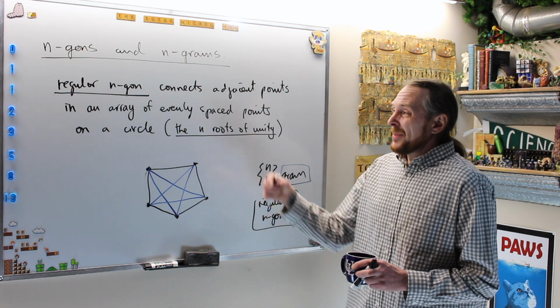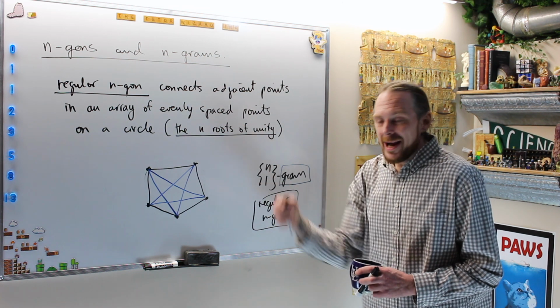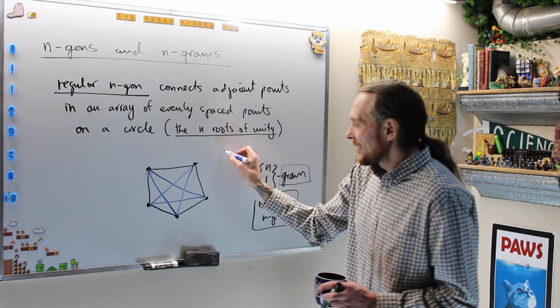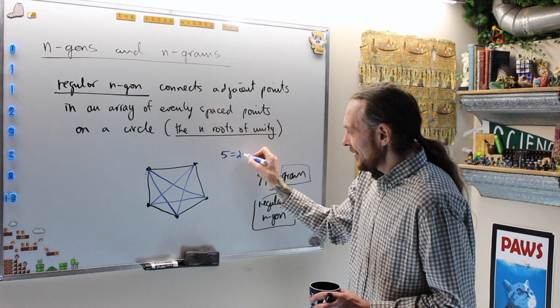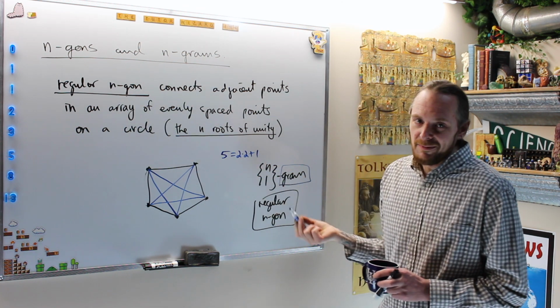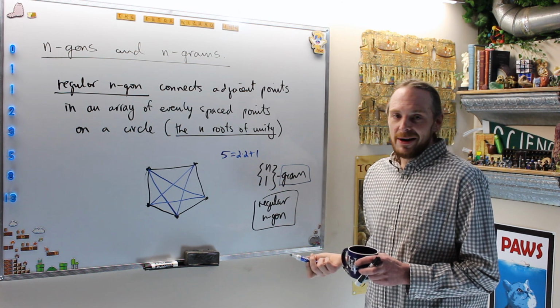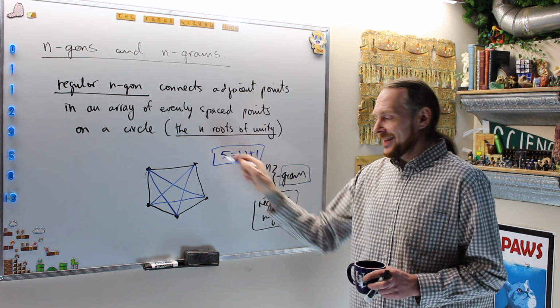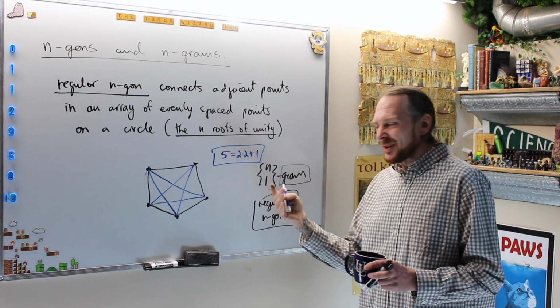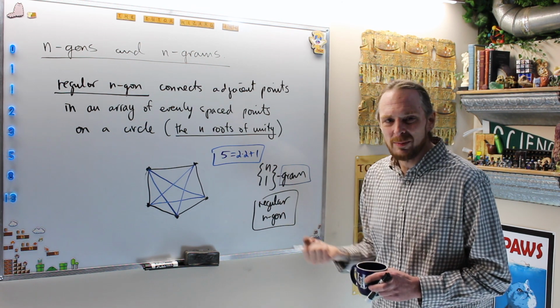So this is the difference between the pentagon and the pentagram. Now we're going to start getting all mathy. It's not too bad. 5 is 2 times 2 plus 1. You're like, why does that matter? Because the 5 doesn't interest me. Sometimes whether the number is odd or even is important.